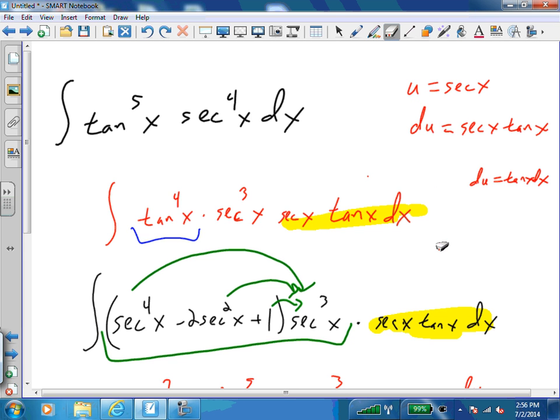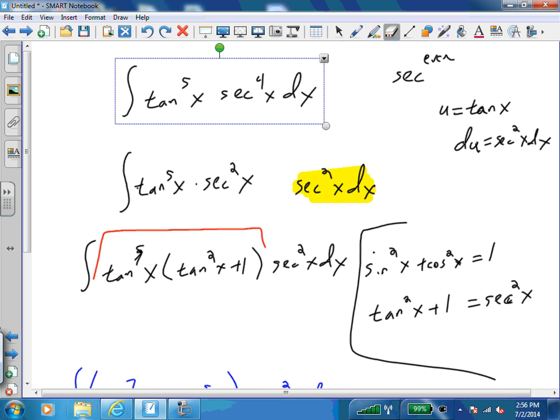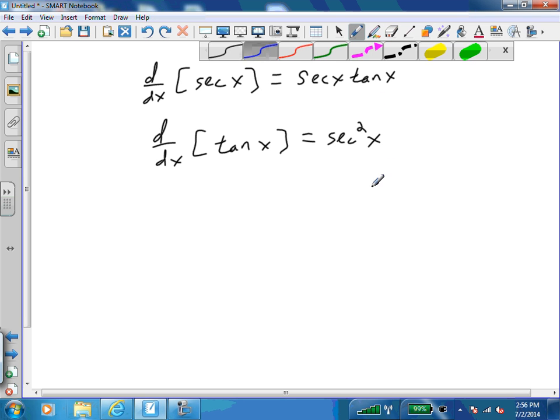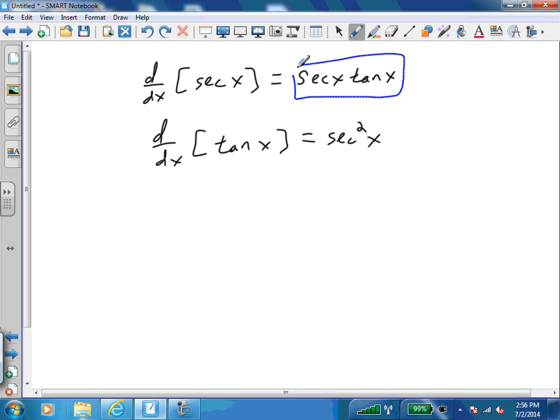The derivative of secant is secant tangent, and the derivative of tangent is secant squared. We need that for our du, because the integral of this is secant.